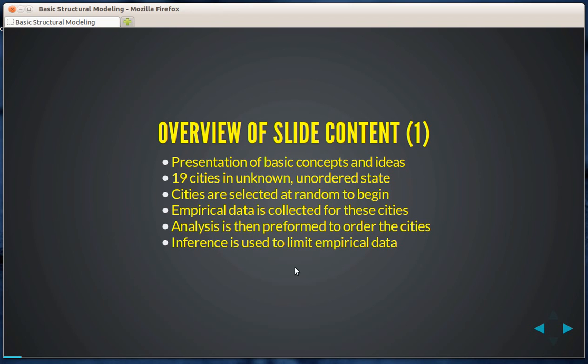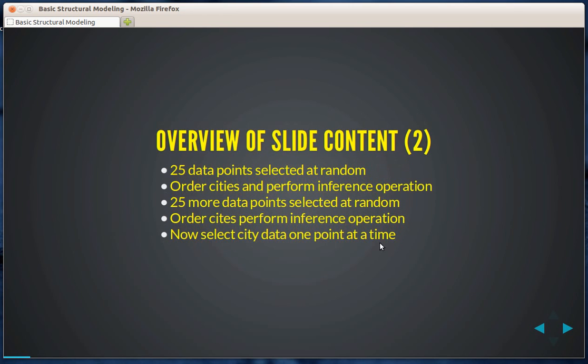Then analysis is performed to order the cities, and inference is used to limit the empirical data. So this is really a mixture of empirical data and inference mechanisms in a manner that reduces the amount of effort it takes to collect the empirical data. So 25 data points are selected at random.